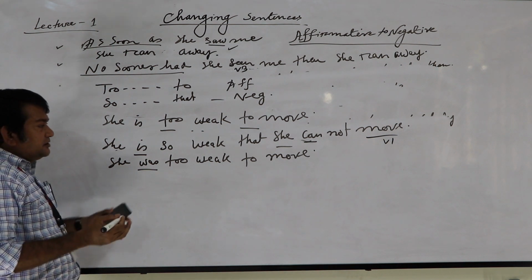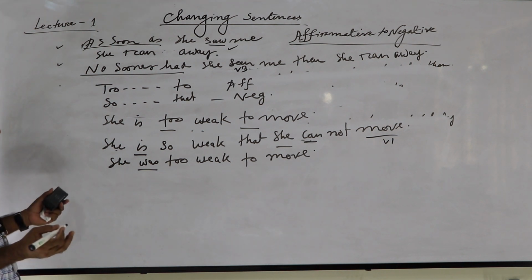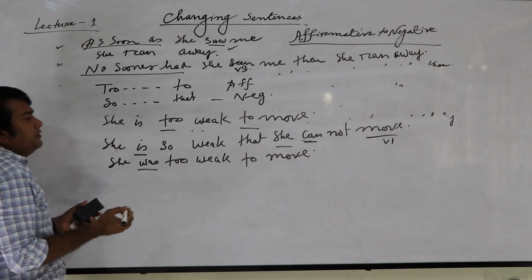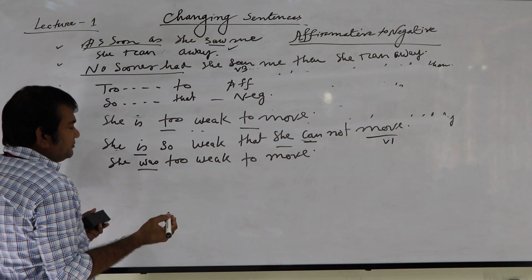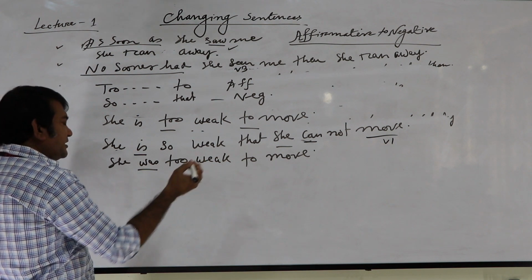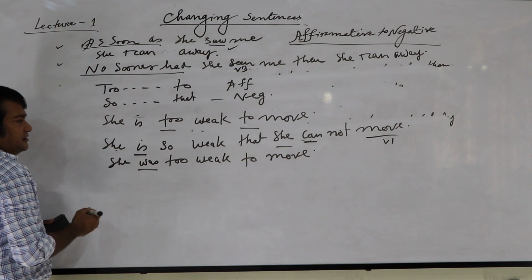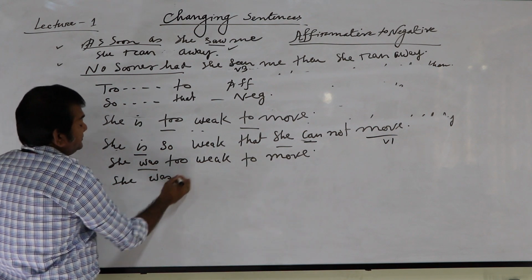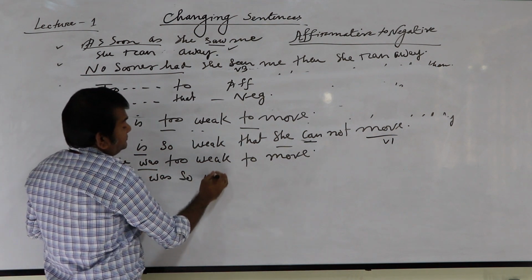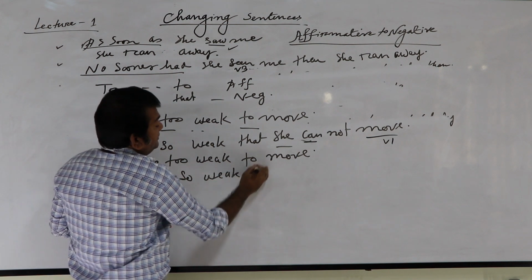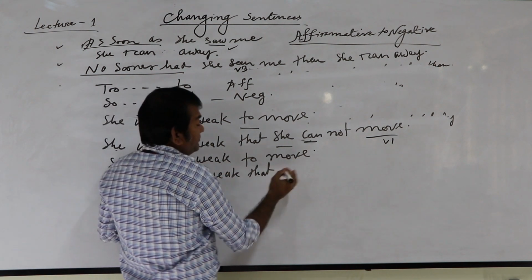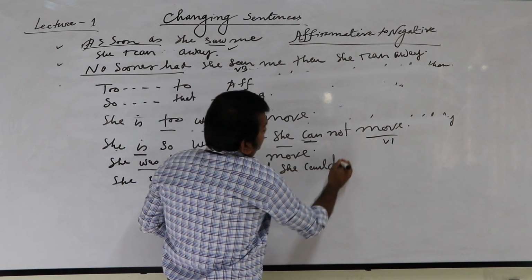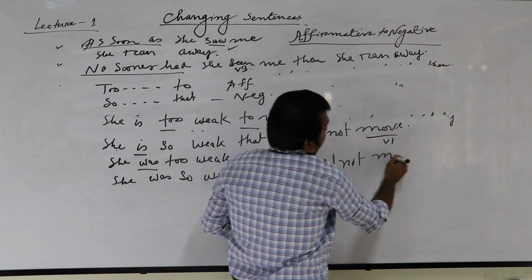So what should we do? How will be the structure or the form of this sentence? Look at me. She was so weak that, subject again, she could not move.